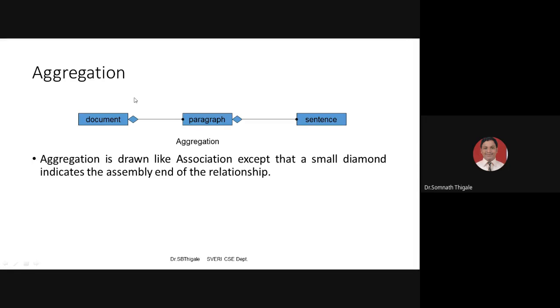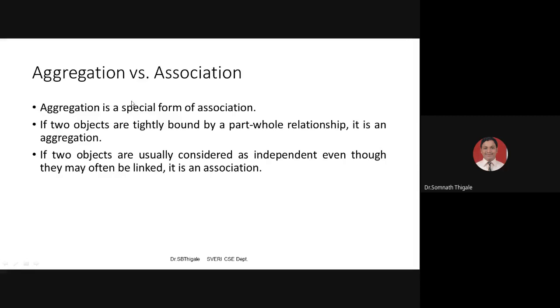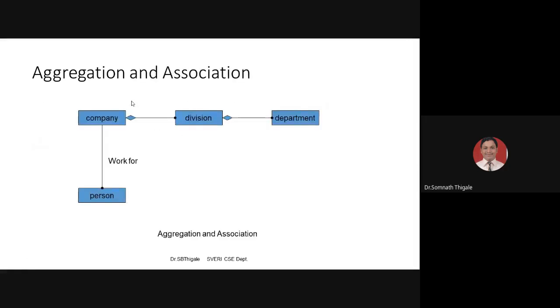Aggregation is the weakest type, whereas composition is the strongest type of relationship in the diagram.